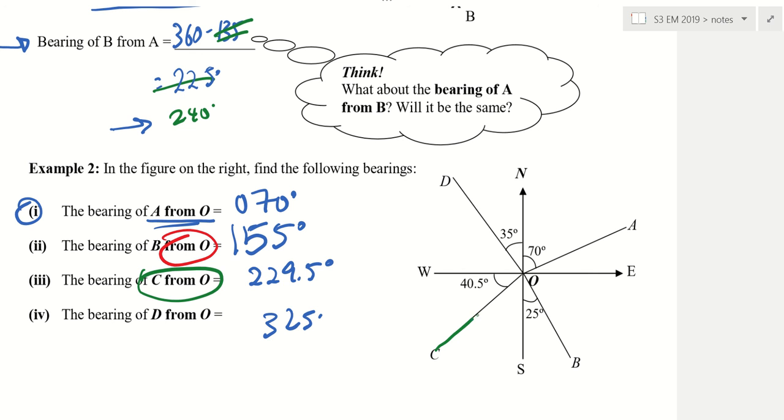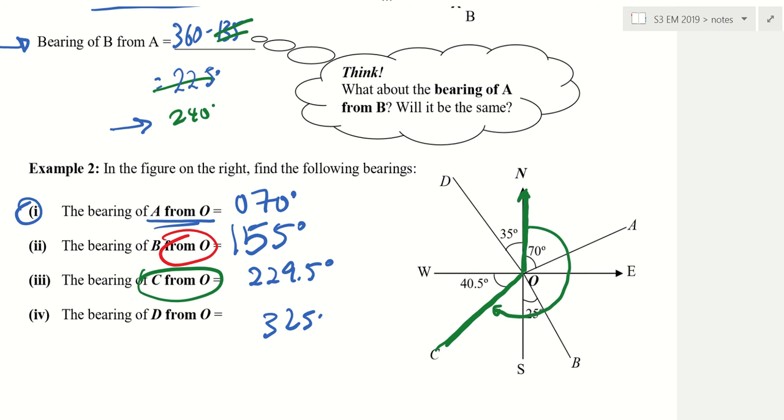Second step, I will draw north at O or at C? At O. It's already drawn for you. Third step, I will measure from north or from OC? You always measure from north. Clockwise or anti-clockwise? Clockwise. So it's like that.